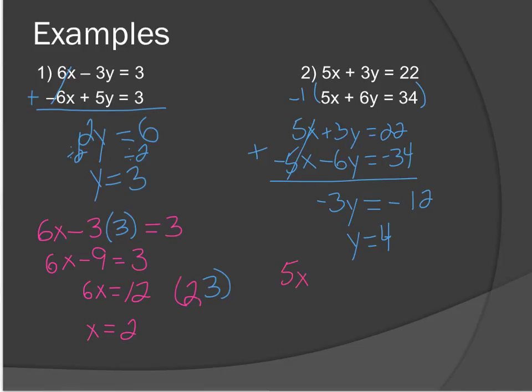So I have 5x plus 3 times 4 equals 22. And then solve for your other variable. Subtract 12 and divide by 5. So then my solution here is (2, 4).